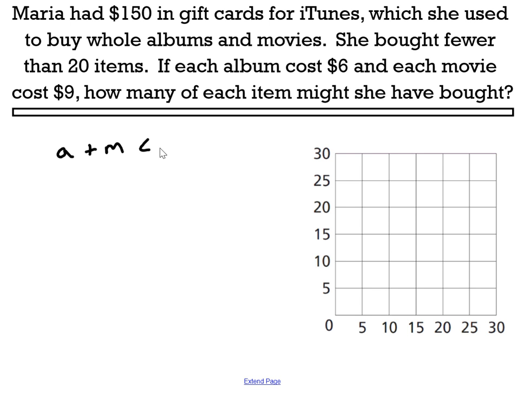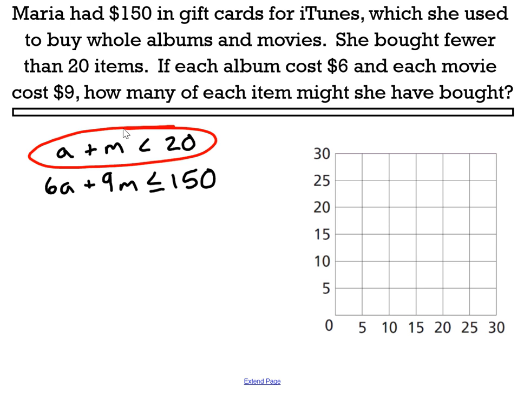But we also know that each album costs $6 plus movies cost $9, and she had to spend less than or equal to $150. So we have two separate equations we can do here. Here we have our albums plus our movies has to be less than 20.